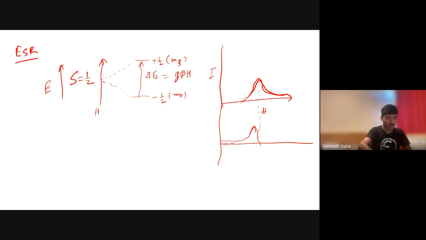If you do the derivative of this Gaussian curve, we will get this maximum for this G. The G value for the free electron is around 2.0023.